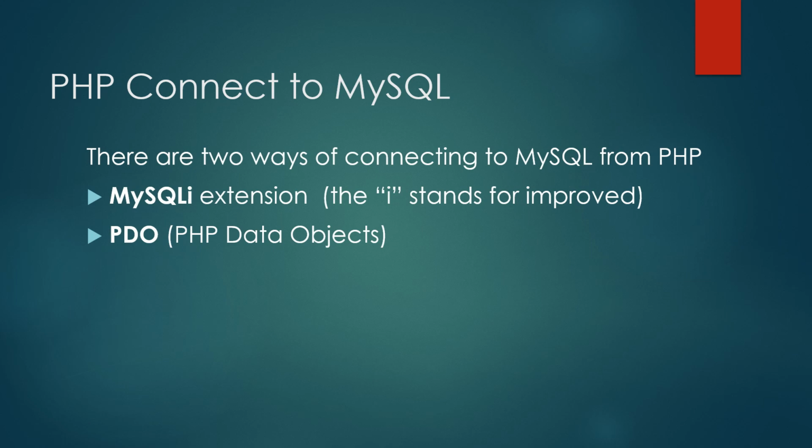PDO is going to work on 12 different database systems, whereas MySQLi will only work with MySQL databases. So if you have to switch your project to a different database, PDO is going to make the process a lot easier. You only have to change the connection string and a few queries. We're going to be working with PDO because it's going to give us more flexibility.